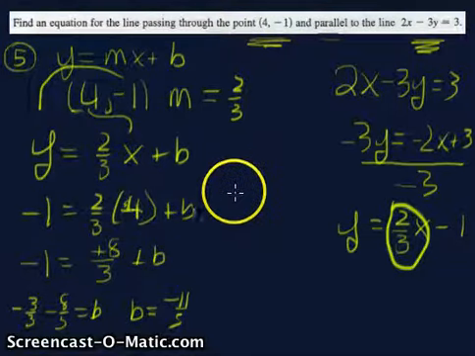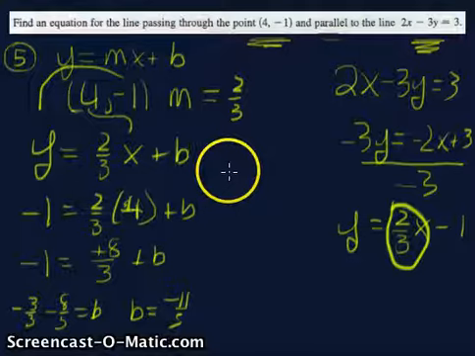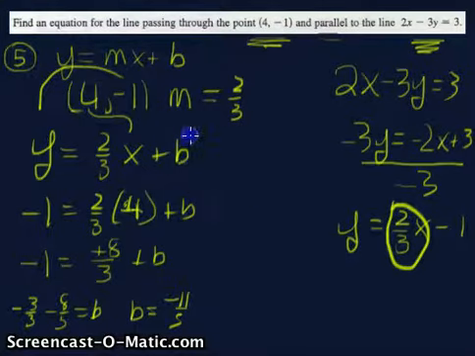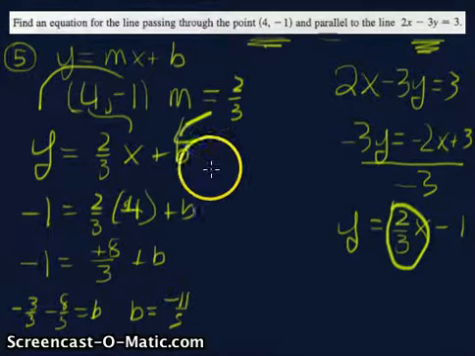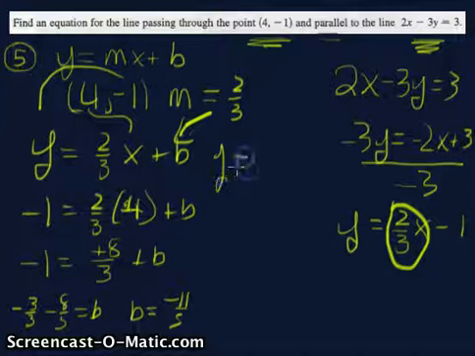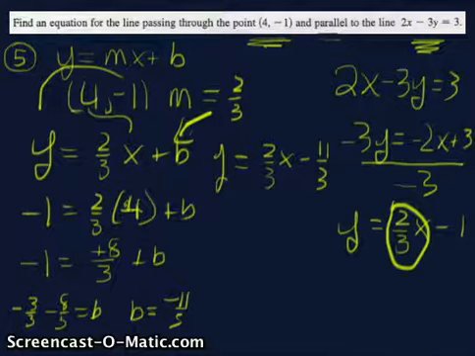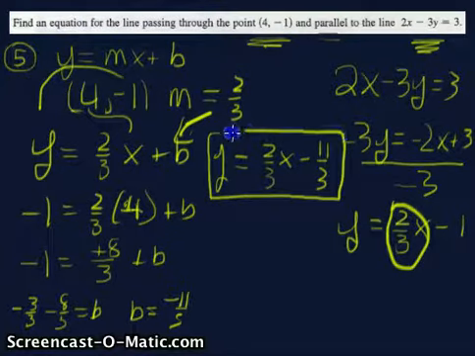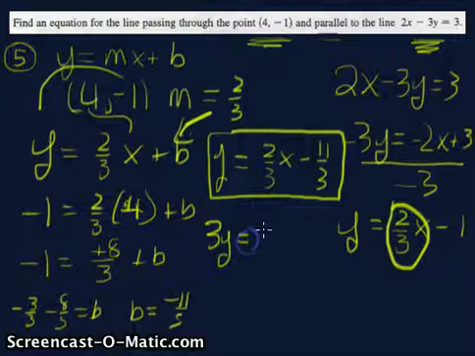So if we put that back into our original function, we're trying to find the linear equation. y is equal to 2/3x minus 11/3. Well, we look at the answer choices and they're all in standard form. So we're going to have to multiply this equation by 3. That would be 3y is equal to 2x minus 11.